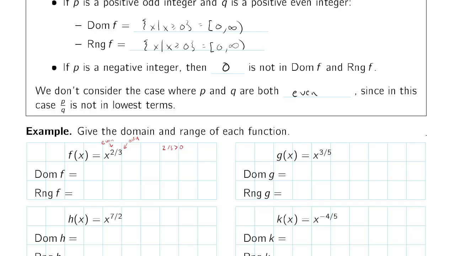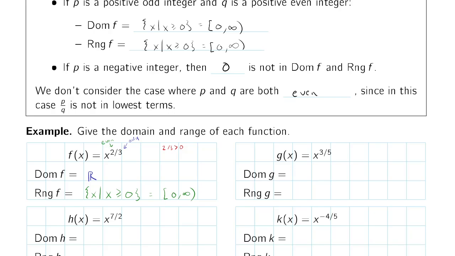So the odd denominator tells us that the domain is all real numbers. The even numerator tells us that the range consists of only positive numbers. So 0 to infinity in interval notation.